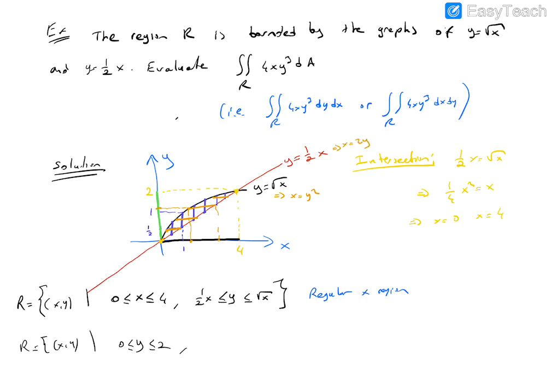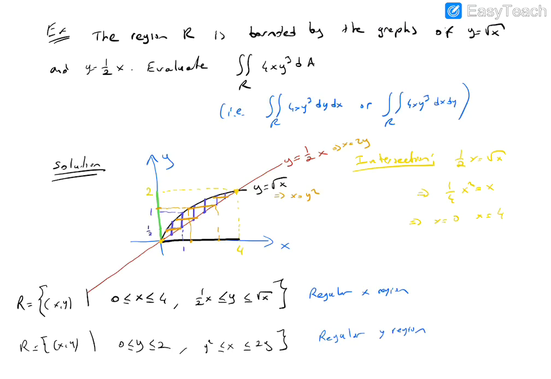So x changes from y square to 2y. This describes the same region as a regular y region. So by using these two descriptions for the region R, we can easily calculate this double integral.